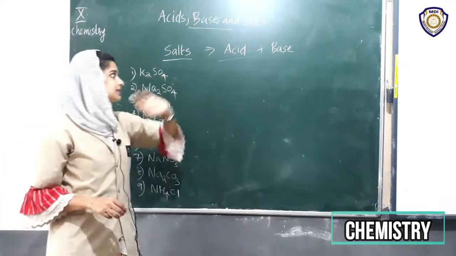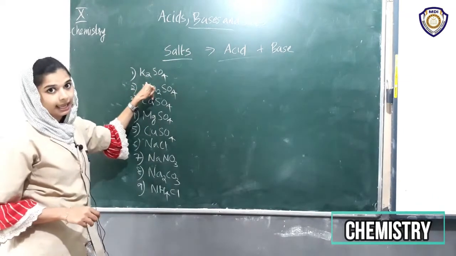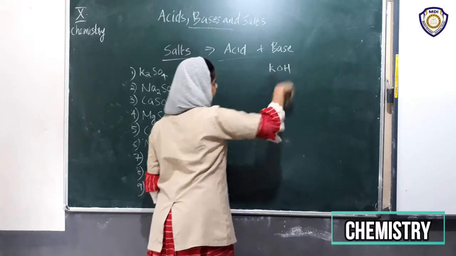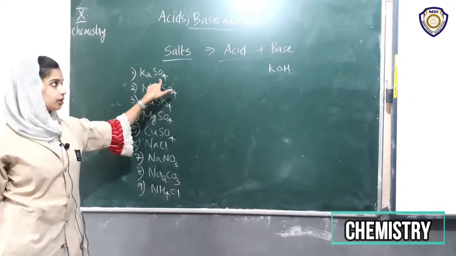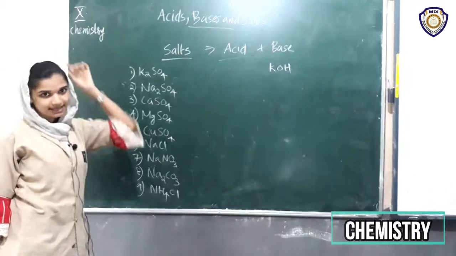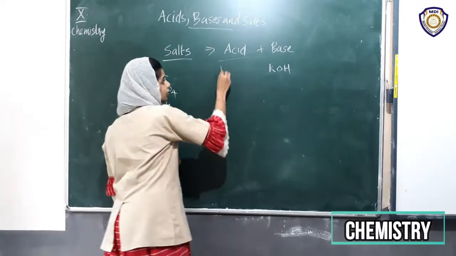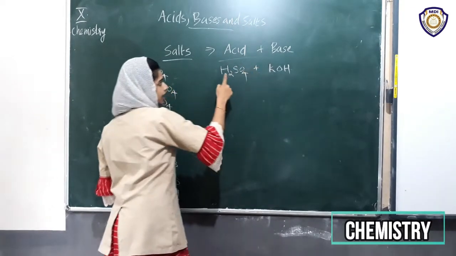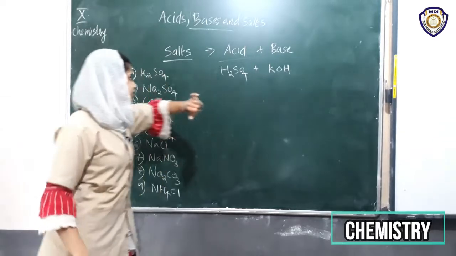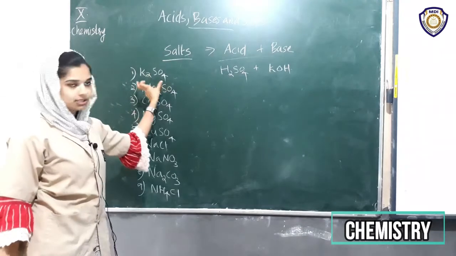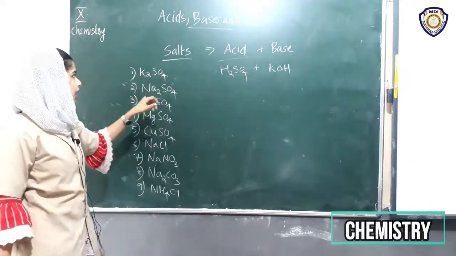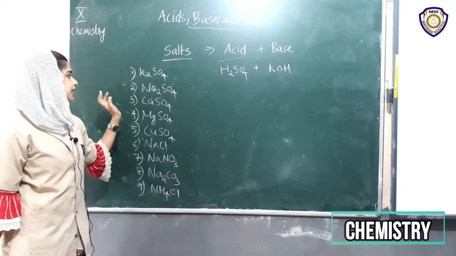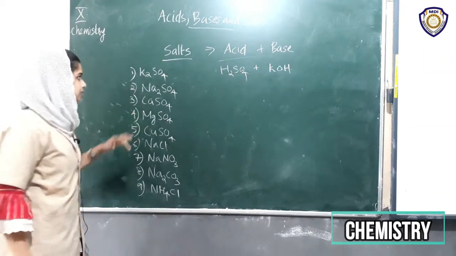So K came from base. Which base includes K? Yes, KOH. This is the base. And SO4: from which acid does SO4 come? Yes, you all know that, H2SO4. So H2SO4 plus KOH gives the salt K2SO4. Like this, we have to write the acids and bases present in these salts too.